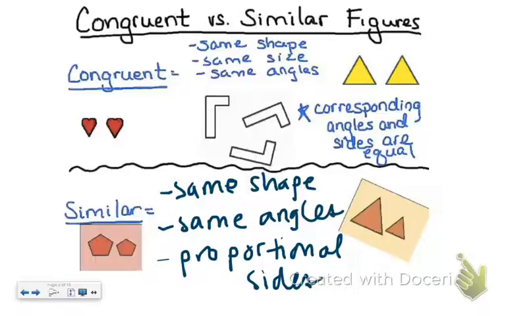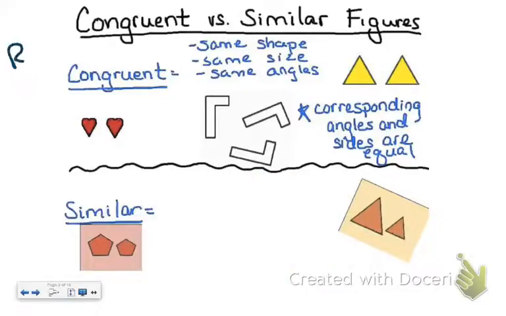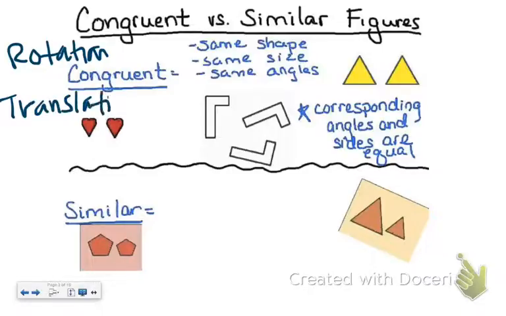So the three other transformations that we've covered so far, which are rotations when we turn an image in the coordinate plane, a translation when we slide an image in the coordinate plane up and down, left and right, and we have a reflection, which is when you flip an image either over the x-axis or over the y-axis.